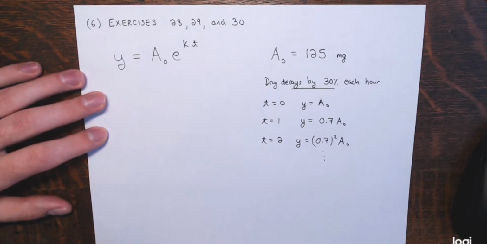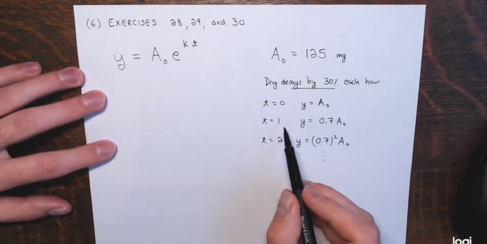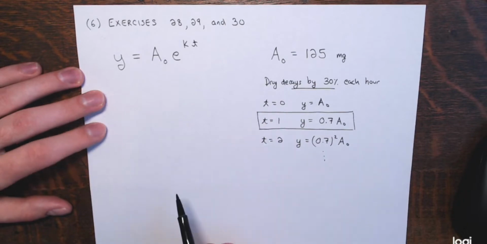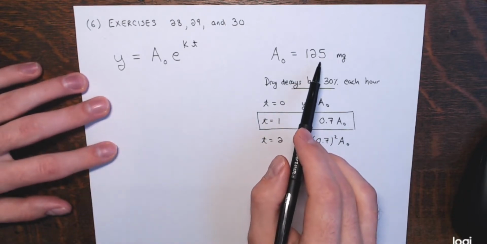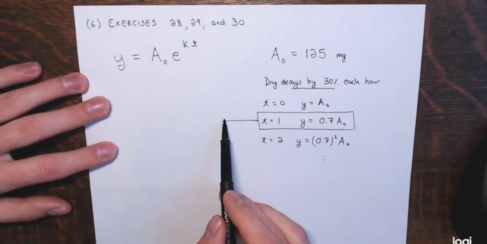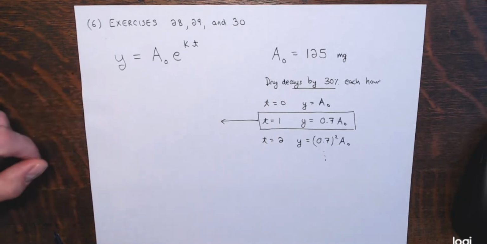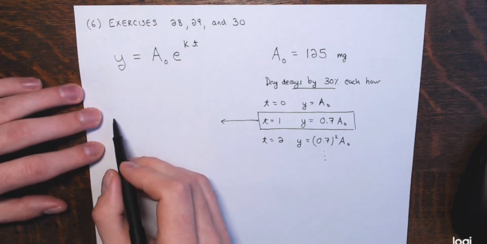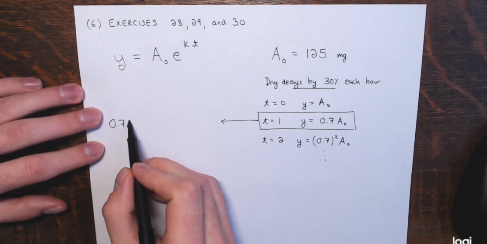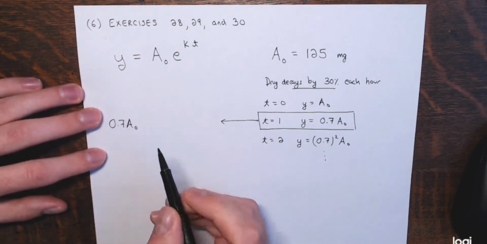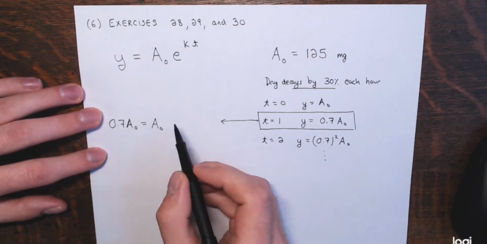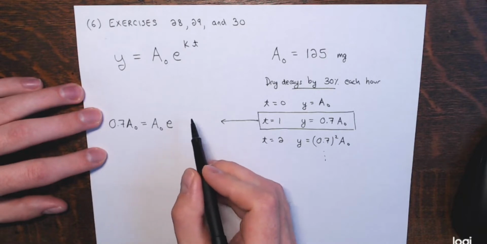But again, all we need is this piece of information to help us find k. I know a sub 0. I just need one pair of values to find k. So on the y side, I put 0.7 times a0 equals, on the other side, a0 times e to the kt, but t is just 1 hour.